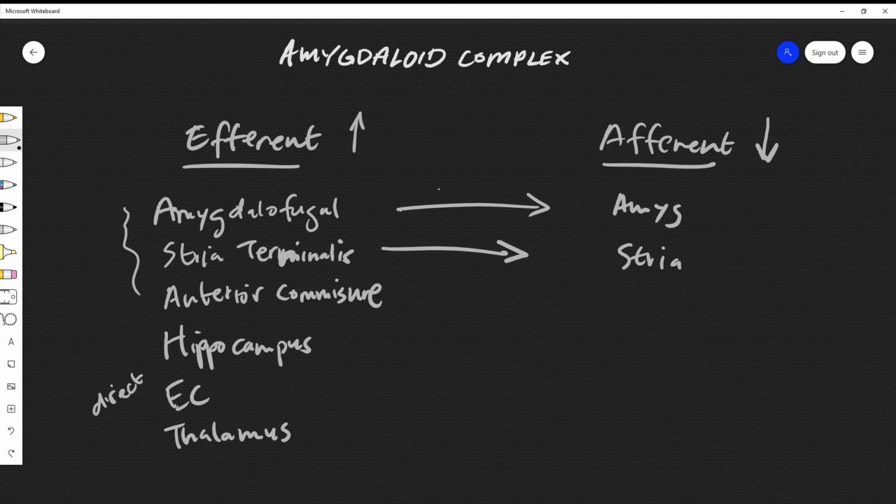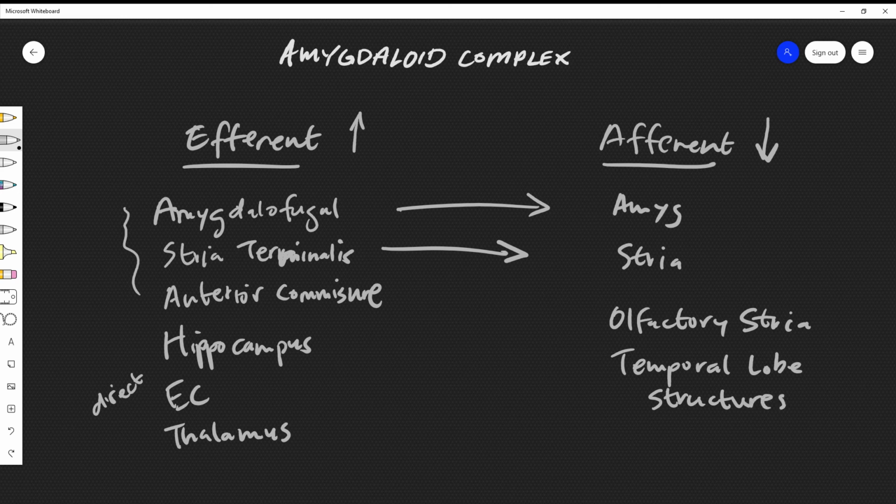For the afferent connections, we'll also have the olfactory stria and temporal lobe structures that will be giving input. We'll talk about these things more in depth in the second video because these pathways are very important for understanding the physiology of the amygdaloid complex and the different processes that happen within.